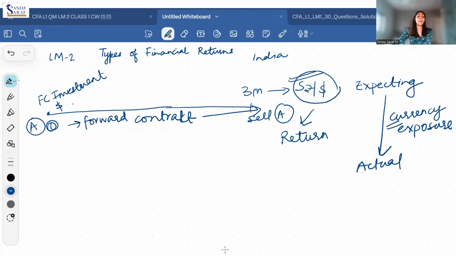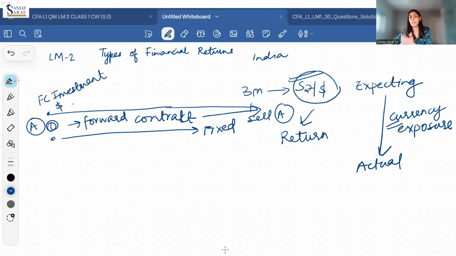This means I am fixing today the currency rate for 3 months later. I am fixing the rate at which I am going to sell dollar and buy rupee.